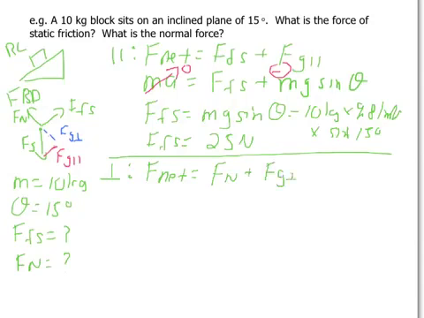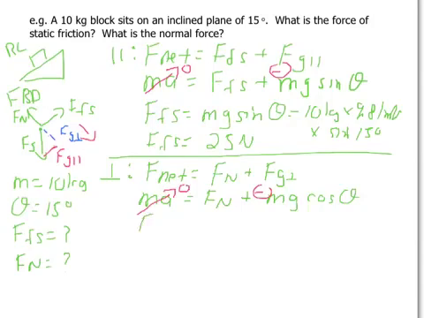We substitute F net with ma, Fn remains Fn, and Fg perpendicular we can now substitute with mg cos theta. Because we're substituting, let's check for signs. Fg perpendicular is acting down, so therefore this should be negative. As well, the block is not accelerating in the perpendicular direction, thus that is 0.